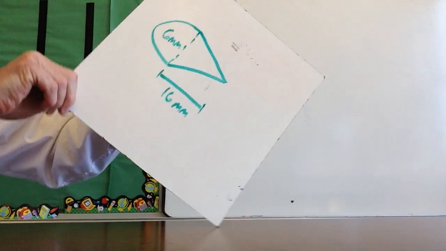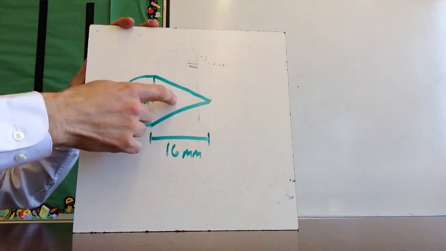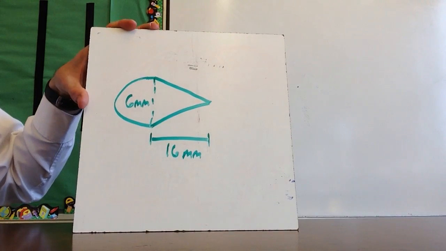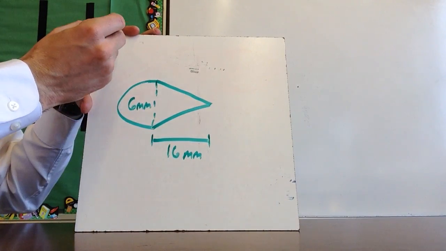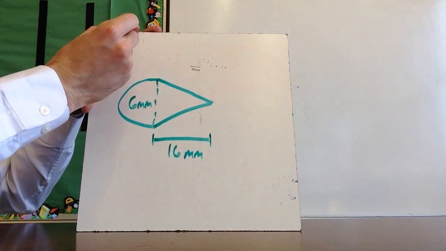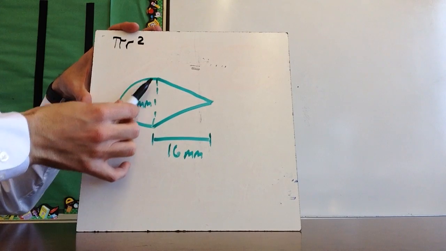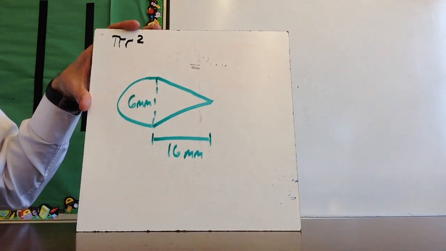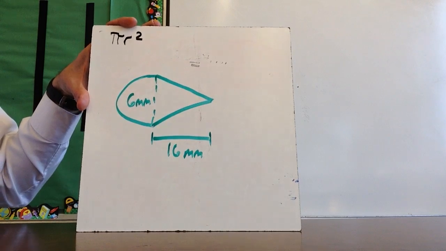All right, so now let's take a look at a very popular example, and that would be the ice cream cone. Right? If you look at it this way, it looks more like an ice cream cone. And so this is basically a half of a circle and then a triangle. And so if you think about the area of a circle, the area of a circle is pi r squared. And so the diameter of this circle is 6 millimeters, which means the radius is 3.